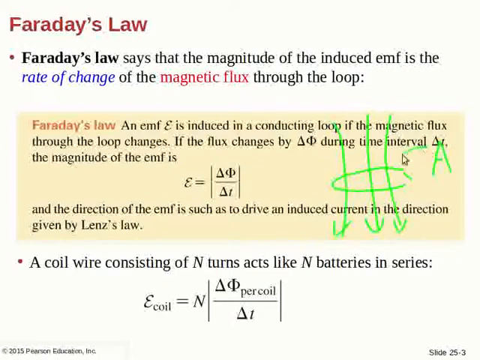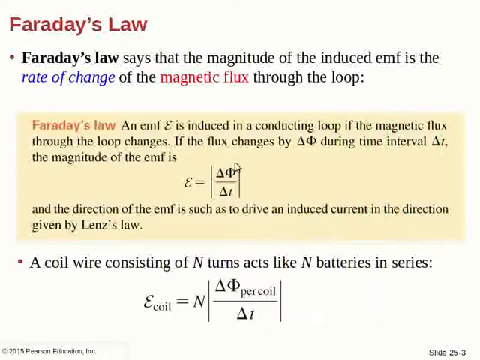This loop has an area A, and this magnetic field has strength B. Therefore, the flux, phi, we've already learned, is equal to B times A, the magnetic field strength times the area of the loop A. That's called the magnetic flux.